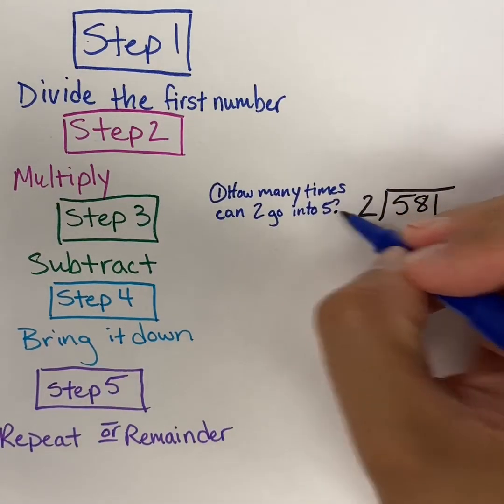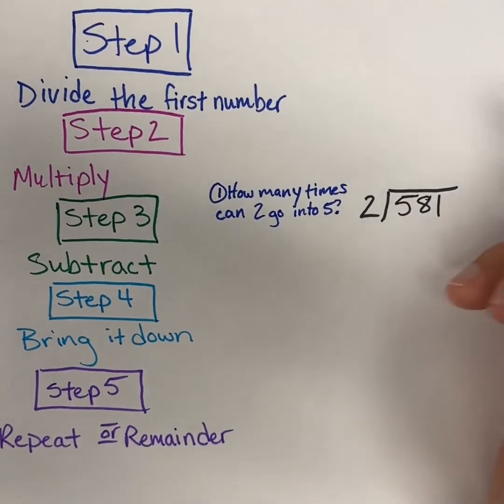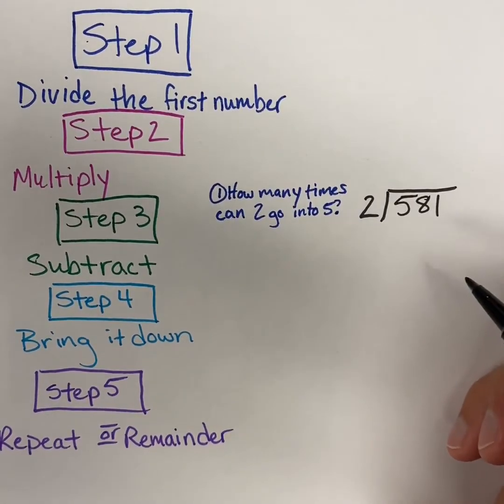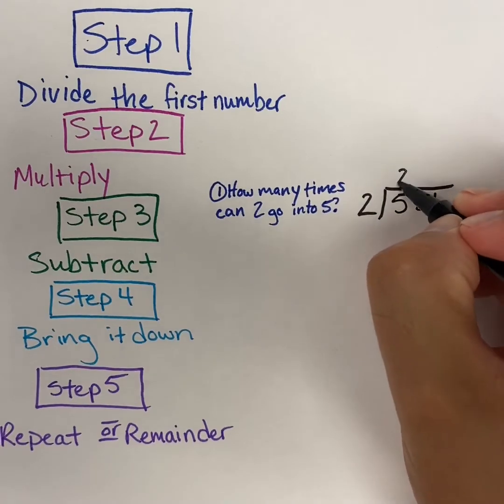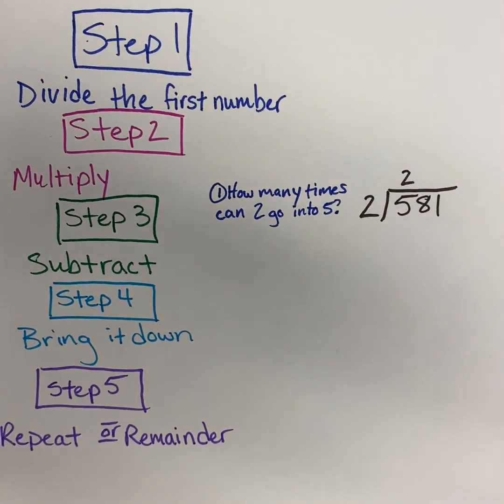Need a question mark. So then we're going to come over to our problem here. How many times can 2 go into 5? Well, 2 can go into 5 2 times. All right, so that's our first step.